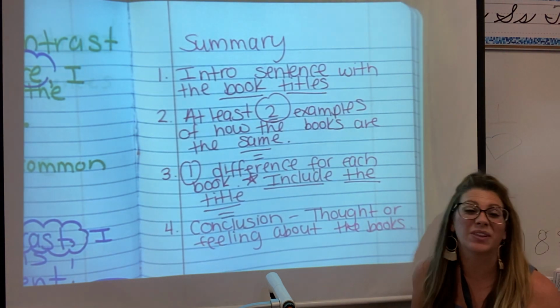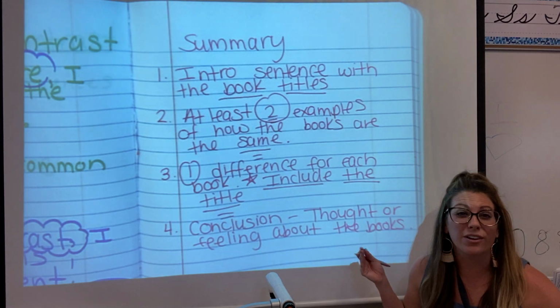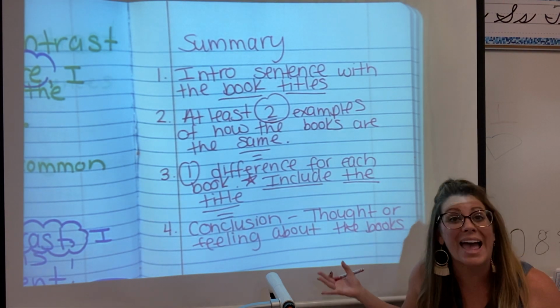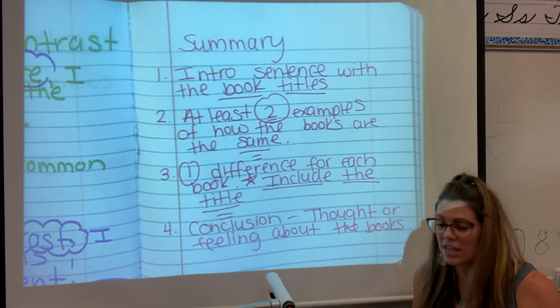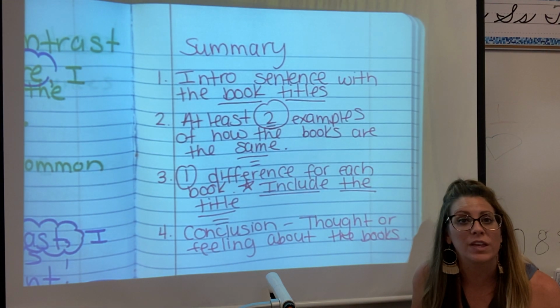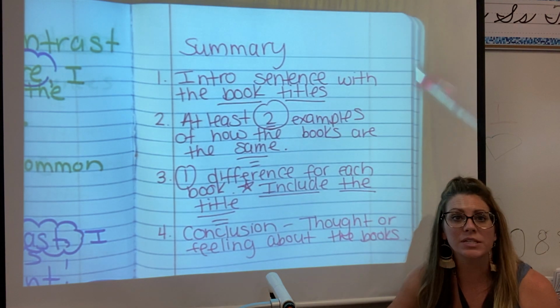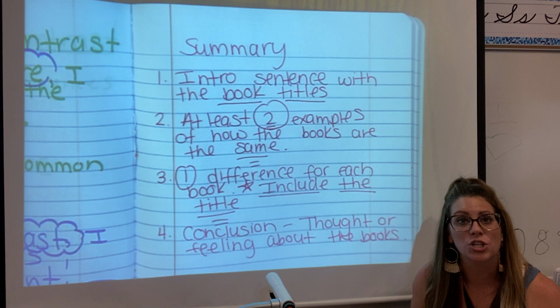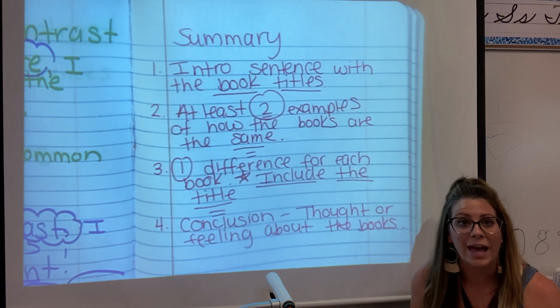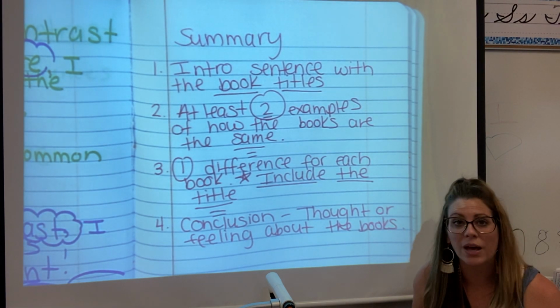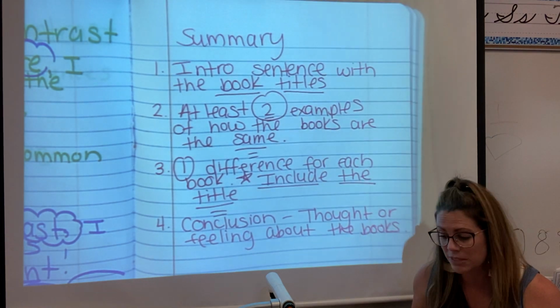That could be you liked one better than the other. It could be, you know, they both made me laugh. Anything that you feel or think about the book, all right? So if you need to pause this to finish up your notes, go ahead and do that now, okay? And when you're ready, you're going to push play so that we can write our example summary.